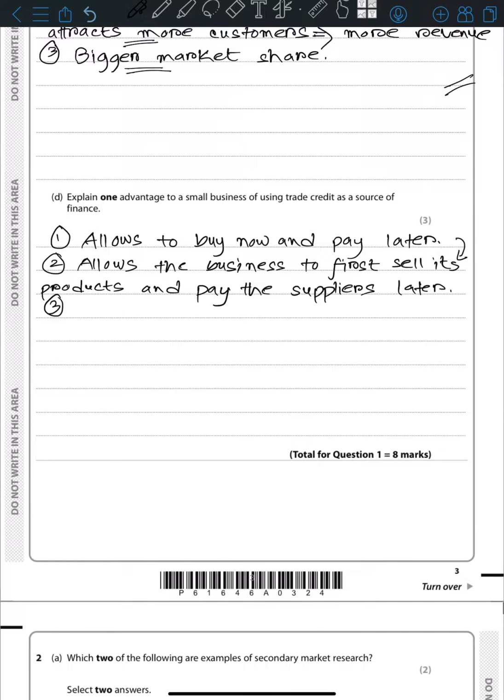All right, and the third point will be a continuation of my second point, analyzing why this is a benefit. How will buying now and paying later, first selling my own products, getting the cash from my buyers, and then paying my suppliers, how will this entire process benefit my business? Why should I do it? So this will improve the cash flow of my business.